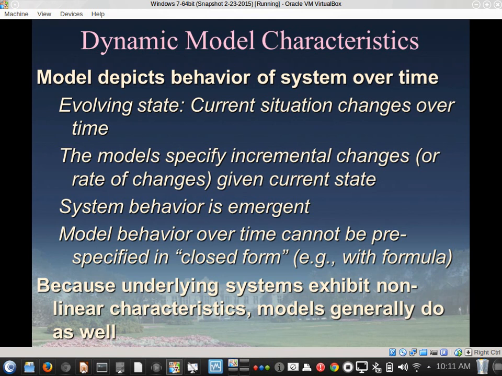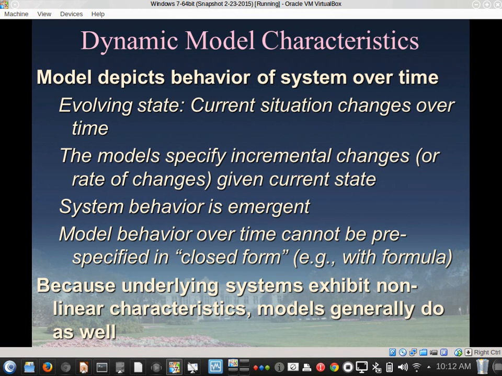It results from these interactions, just like a traffic jam results from lots of decisions of individual drivers for how to slow down when going around a curve, and under what conditions they'll speed up, and their visibility and the level of comfort they have with the pavement being wet, etc. So system behavior here, like behavior in the world, is emergent.